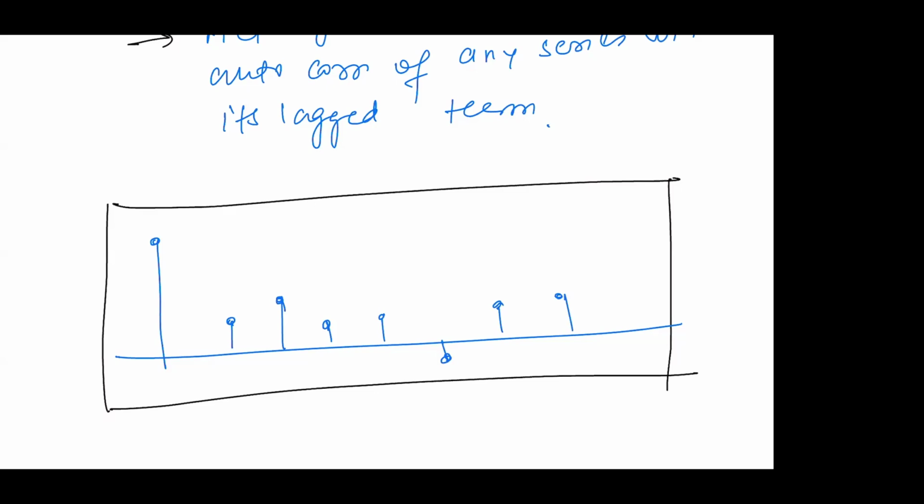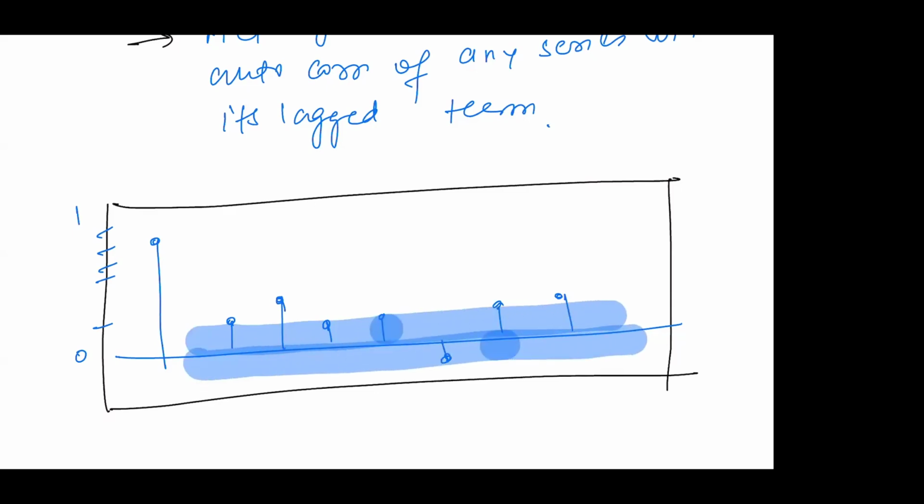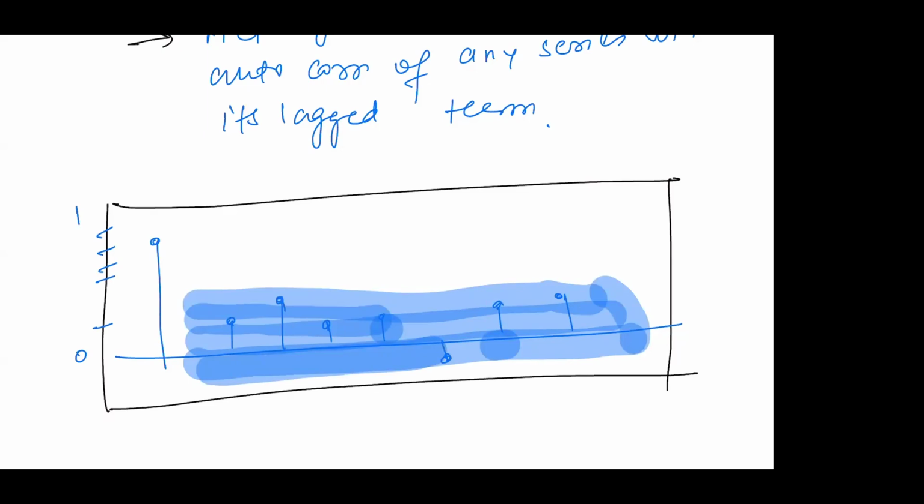Here you'll have values from 0 to 1, and then there will be a blue line. Something like this you will see when you plot an ACF. So here, what does it mean? Let's assume this is crossing this line.